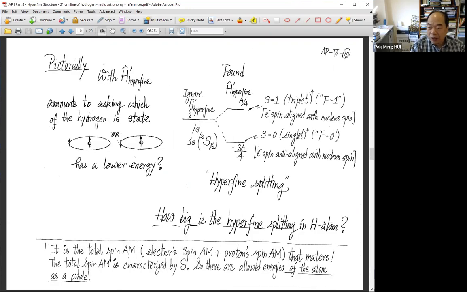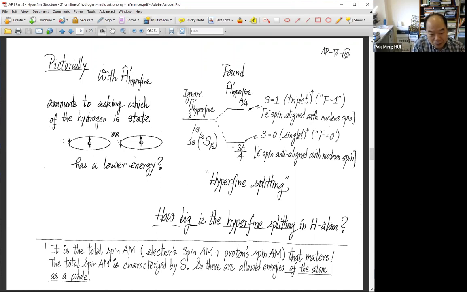So usually in astronomy books, you have to understand this effect. Usually it is done in a very pictorial way. So I copy those pictures out from astronomy context.